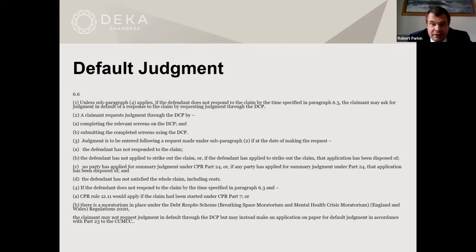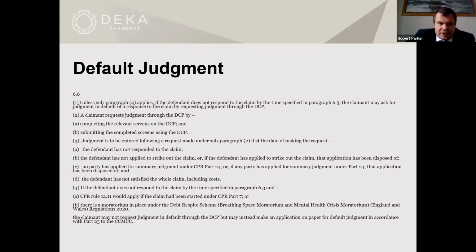Default judgment: if the defendant does not respond to the claim by the time specified in 6.3, the claimant may ask for judgment. The claimant requests judgment through the DCP as described. Judgment may be requested in essentially the same circumstances as on the paper route.